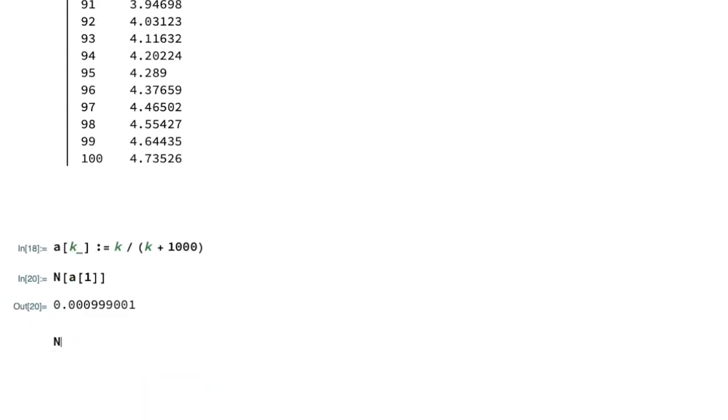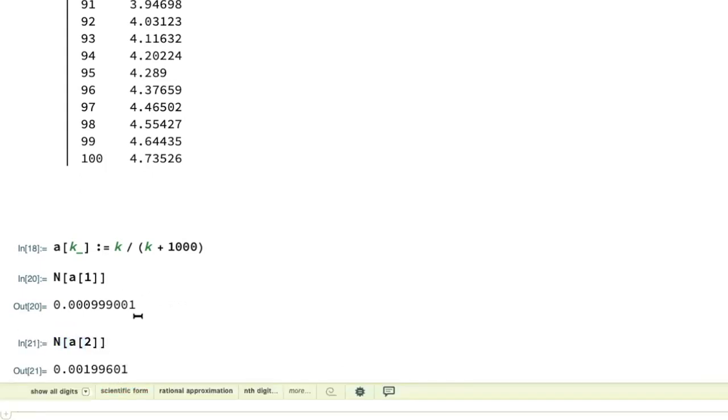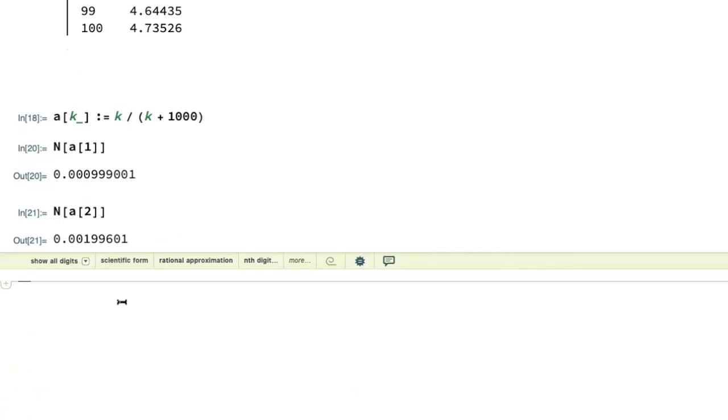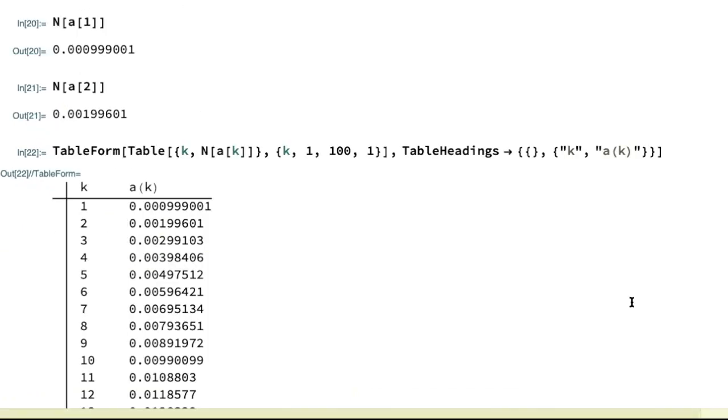So I can now generate the second term in the series. I can generate the third term in the series, or similar to what I did above, I can just make a table of values. I put in the table command to have Mathematica generate the individual terms in the sequence.